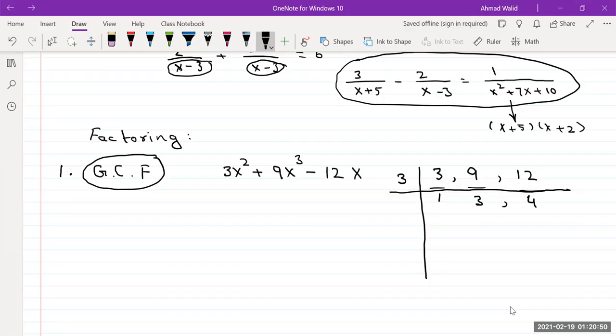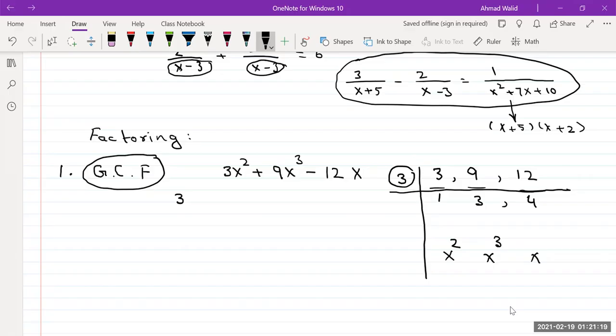Write it down here, 3. Now, how to find the GCF between x squared, x cubed, and x? Make a note. When you're looking to find a GCF between variables with exponents, always choose the variable with the lowest exponent.